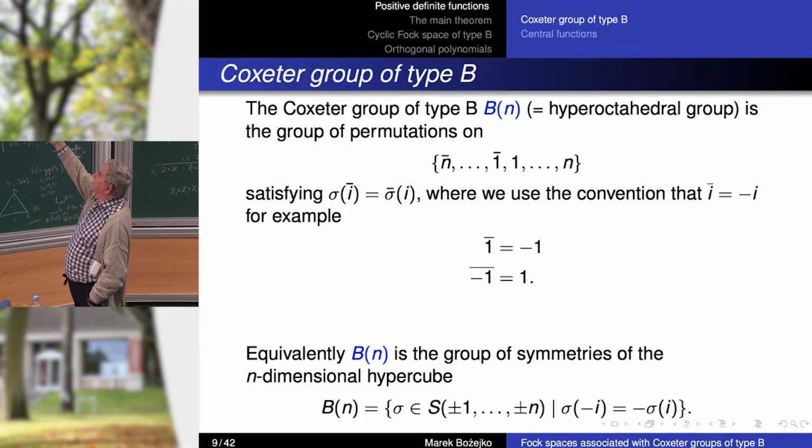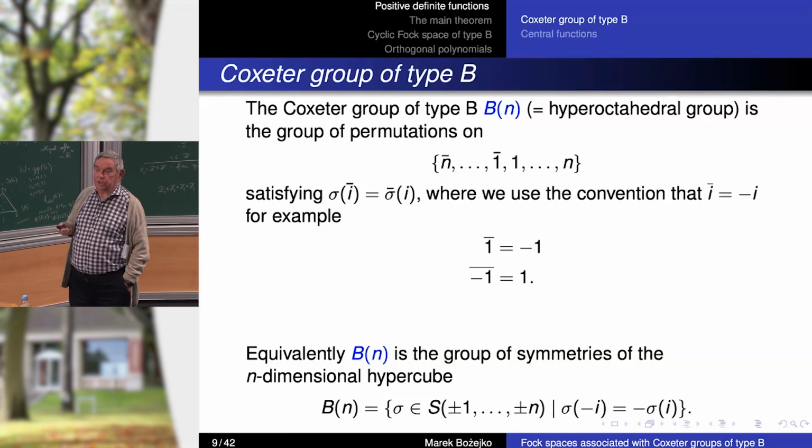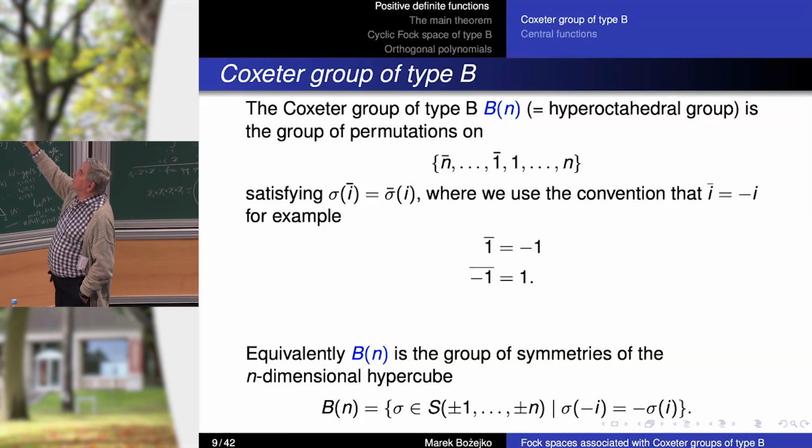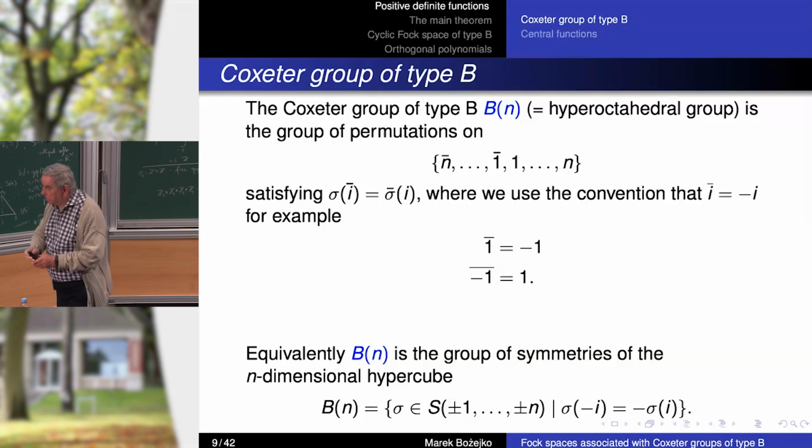So what is the Coxeter B or Weyl group, which we call the hyperoctahedral group? This is a group of permutations on the set 1 to n and -1, -2, to -n.